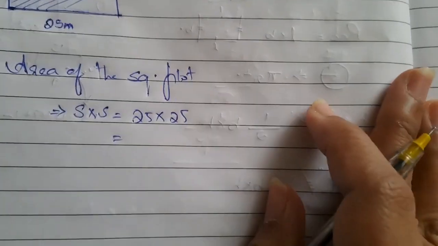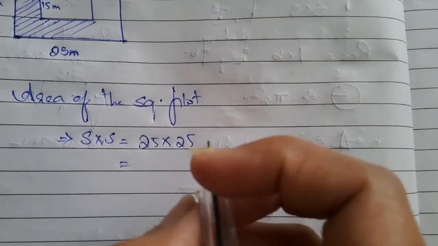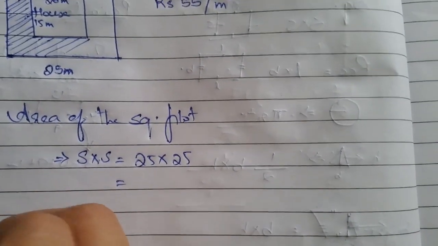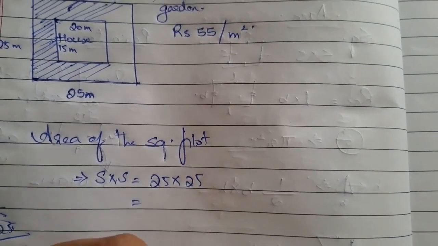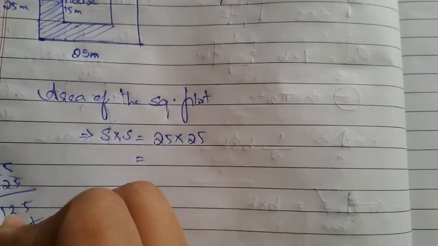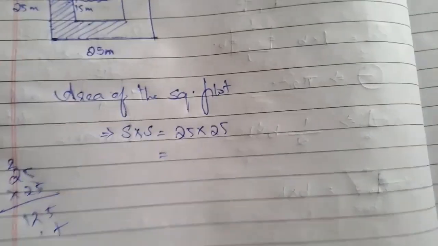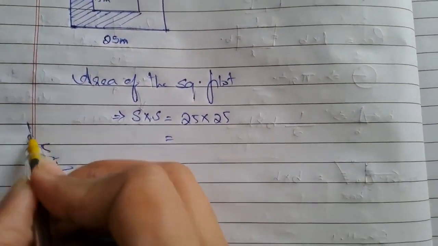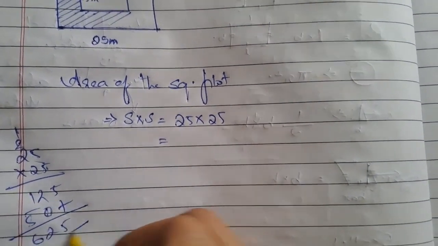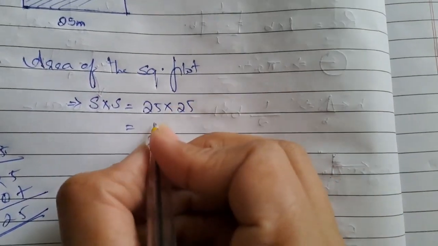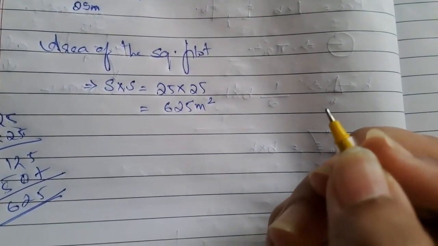I forgot my calculator, it's something around 625, I guess, I'm not sure. 25, 5 2s are 10, I'm so sorry, I'm weak at multiplication. 2 5s are 10, and 2 2s are 4, plus 1 is 5, yeah, 625. So it is 625 meters square, the area of the square plot.